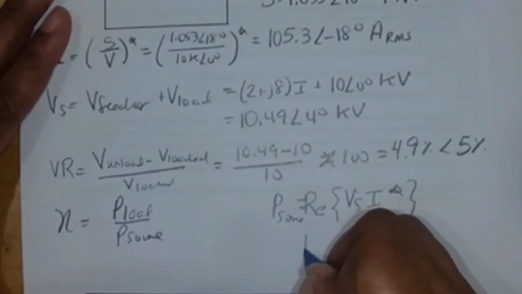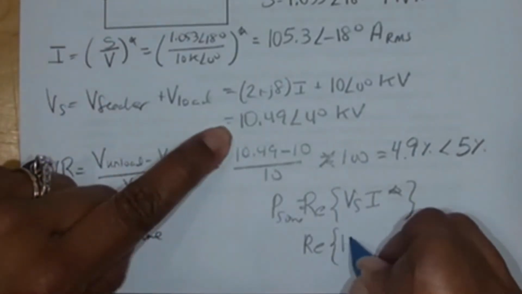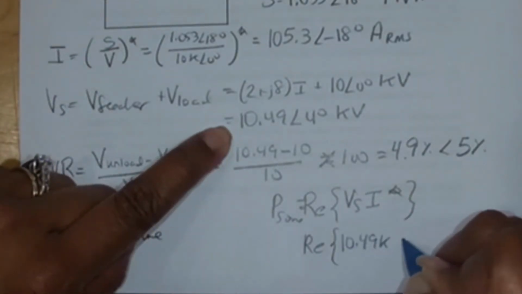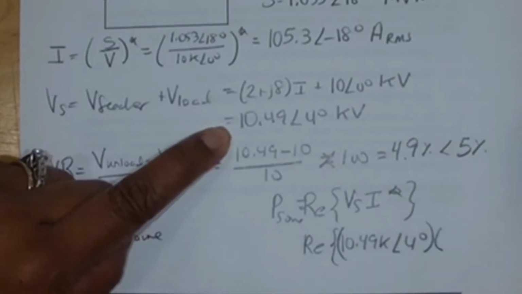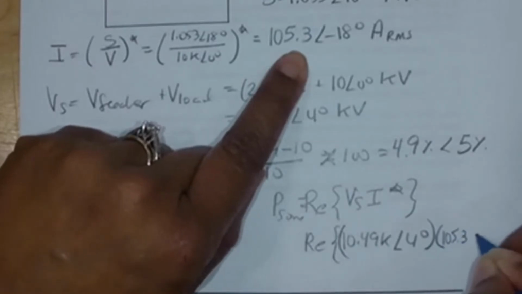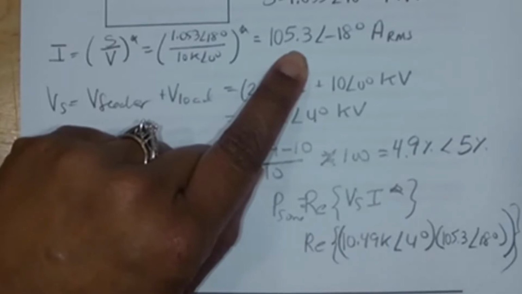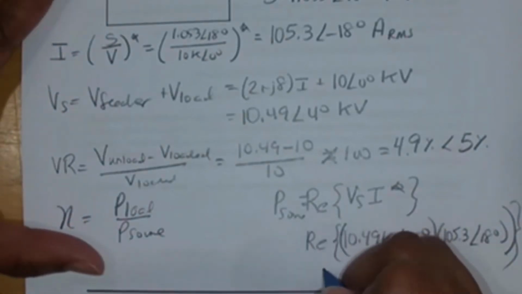So this is going to be the real part of 10.49 kilovolts with an angle of 4 degrees times I conjugate, 105.3 with an angle of 18 degrees. What is the power at the source? Very good, Sage. 1.02 megawatts.